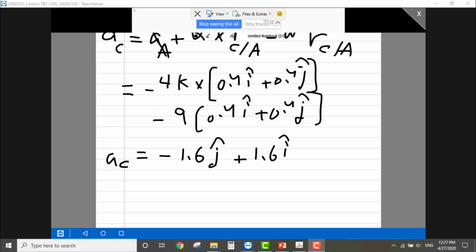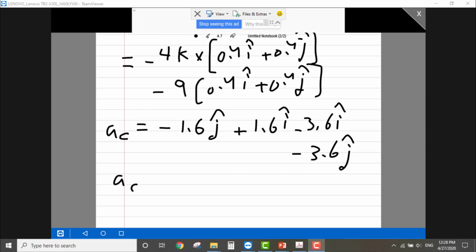So minus 9 multiplied by 0.4 is minus 3.6 in the I direction, minus 3.6 in the J direction. So simple addition now. AC is equal to: we have minus 1.6, minus 3.6 in the J direction, so this is minus 5.2 in the J direction.